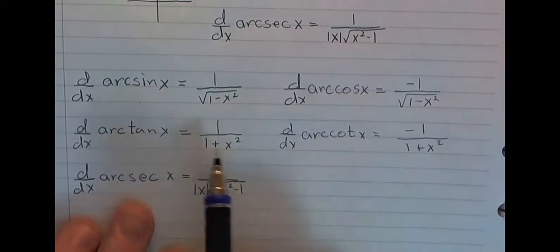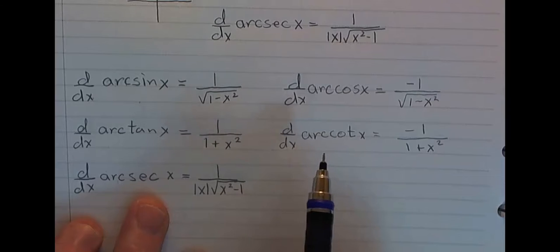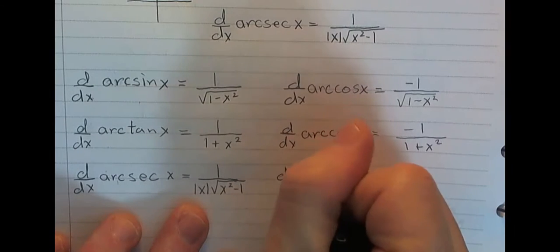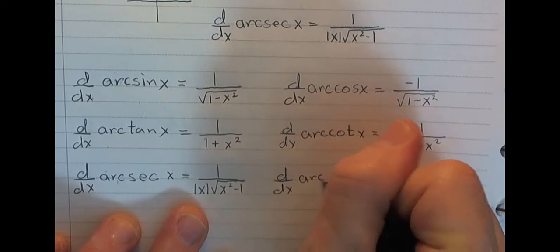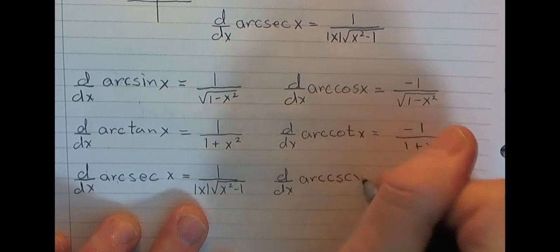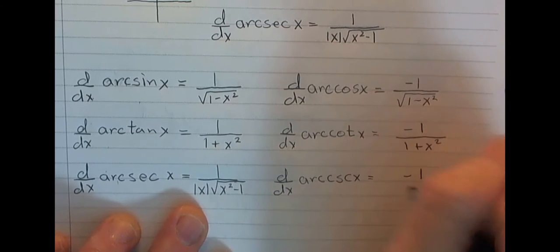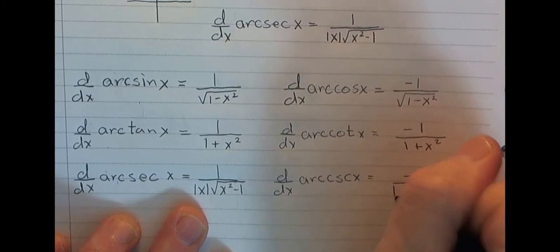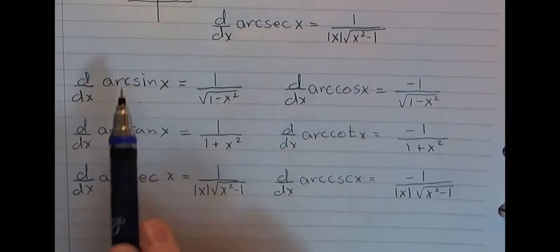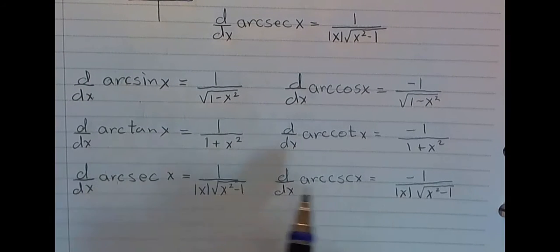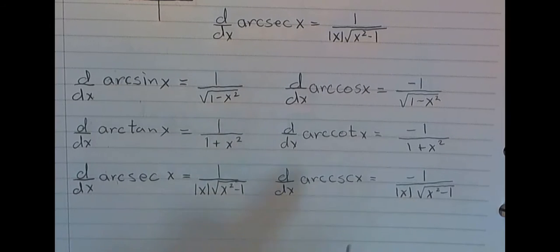See? So this is an easy way to remember them. And then likewise, the derivative of arc cosecant is going to be the negative, right? Like this. Yeah, so if you remember these three, then you can remember the cofunctions over here because they're just the negative of it.